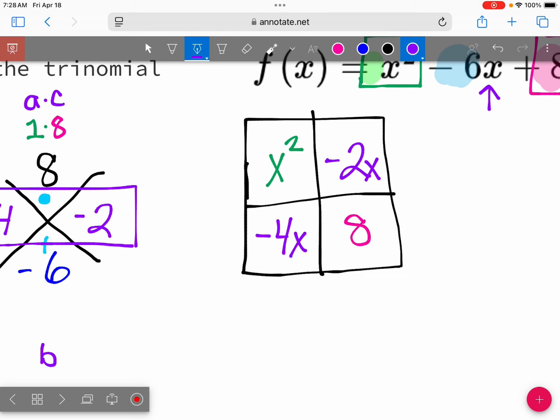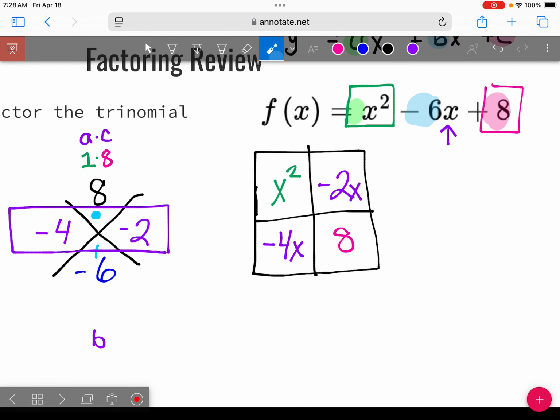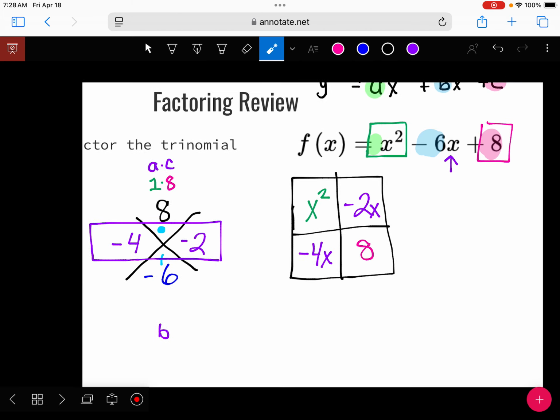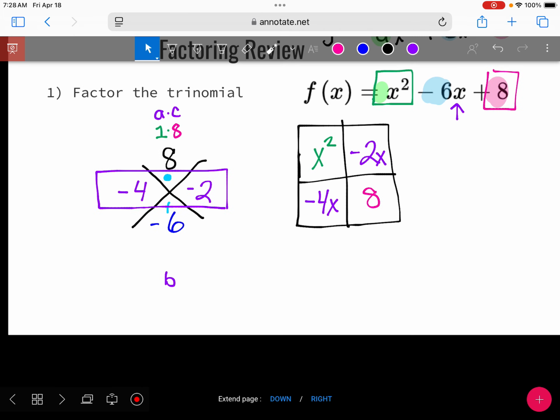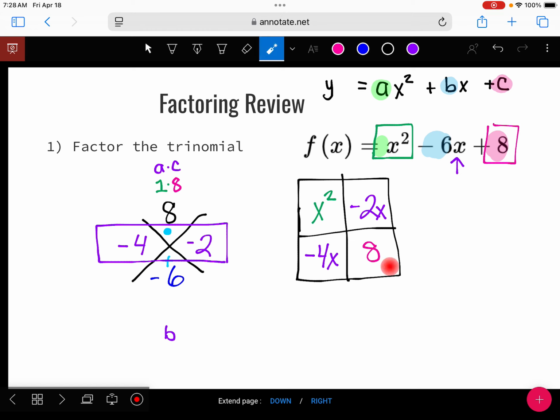So even if we had a squared minus 6a plus 8, we could do the same thing. It would just get that middle term. That's why I say it that way instead of "the x frame gets the x." So that's how we fill in this tool here. This is a tool for us to use. Again, this is not law that you have to use the box. It's just a tool that we're fairly familiar with.